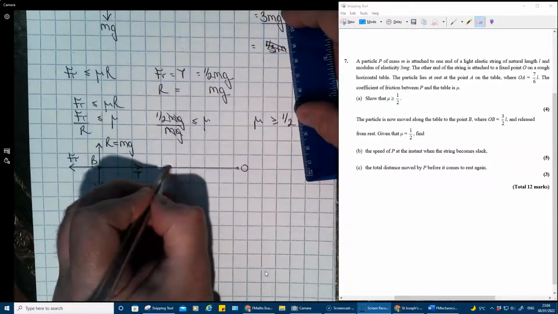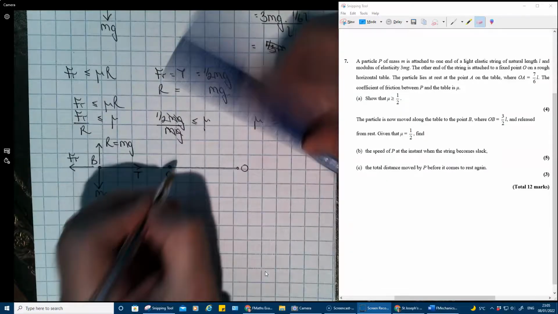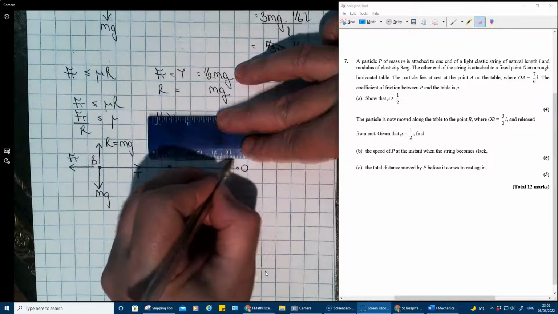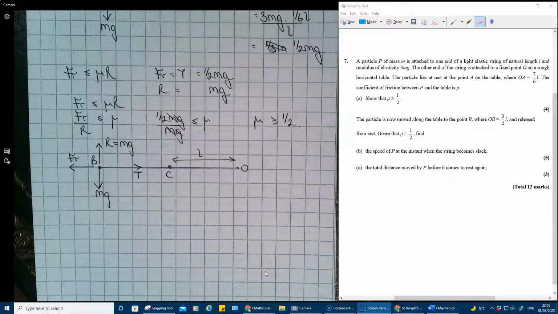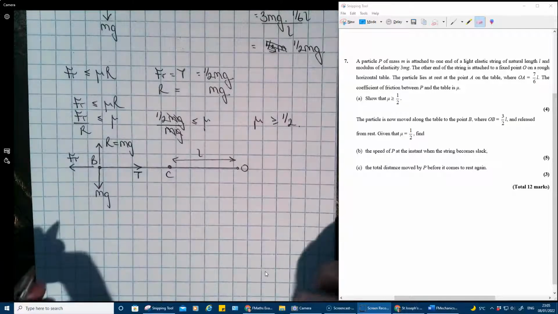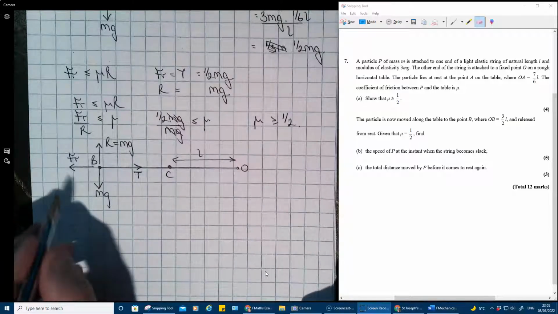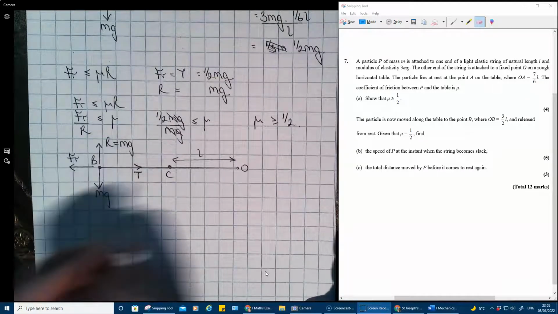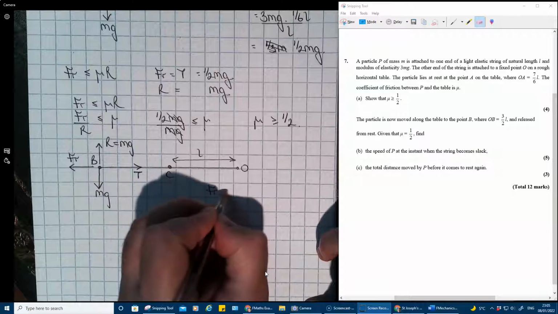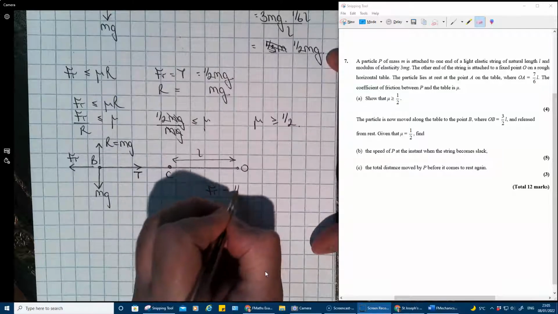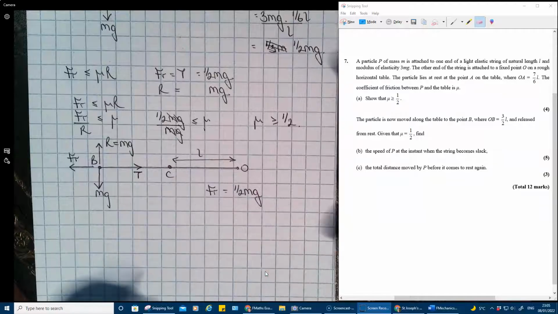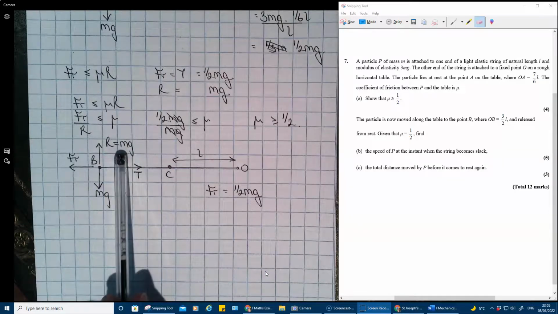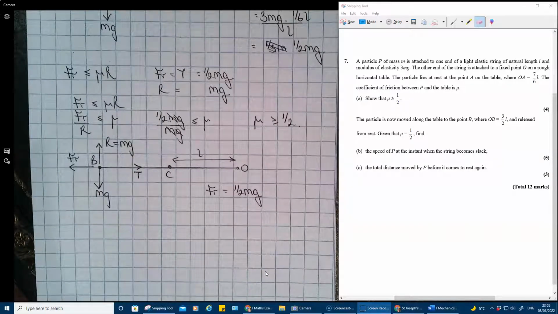We call that point C, where the length is L. We know mu is a half, so friction is a half mg, same as it was before.